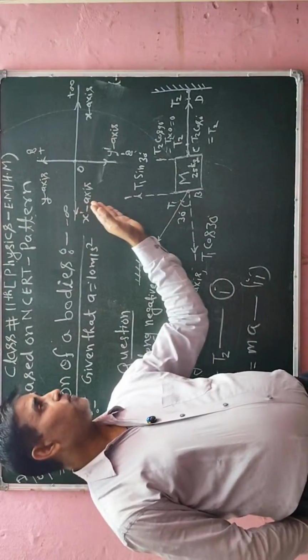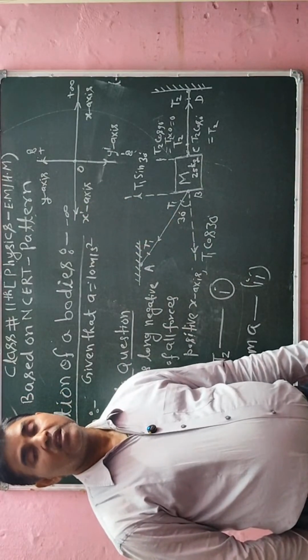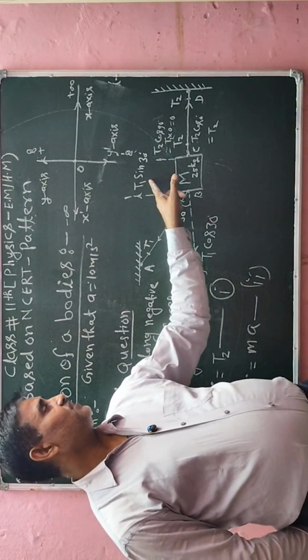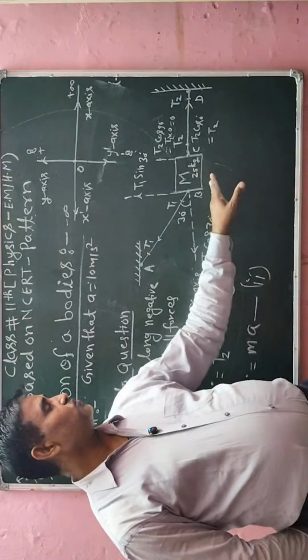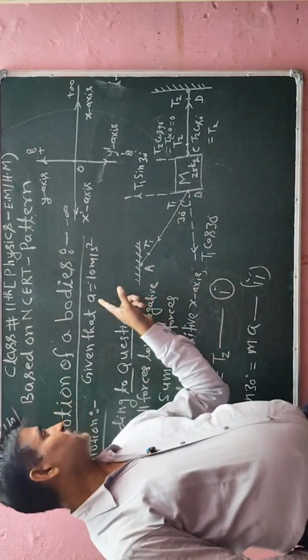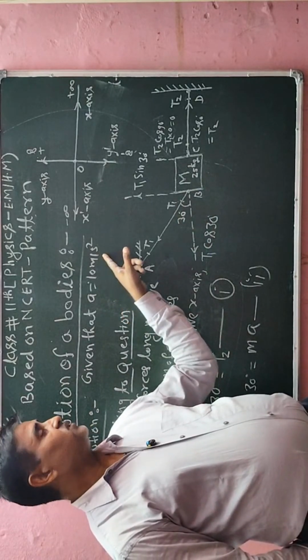It means that the object will move upward. According to Newton's second law of motion, F is equal to ma. In the place of F, I have written T1 sine 30, which is equal to mass of the object into acceleration of that object. The acceleration of the object given in the numerical is 10 meter per second square.